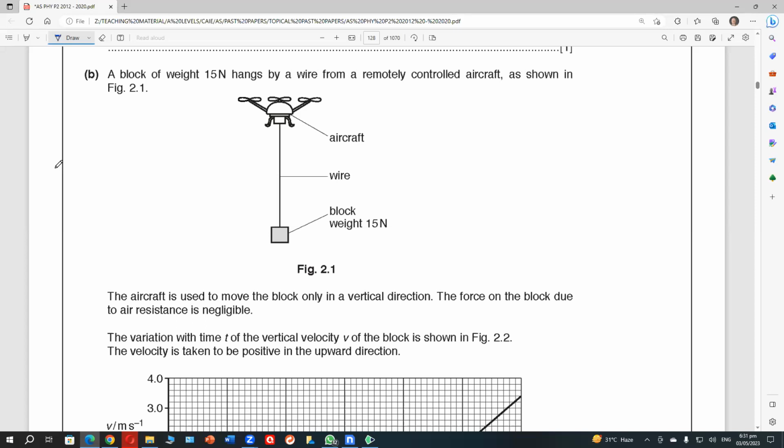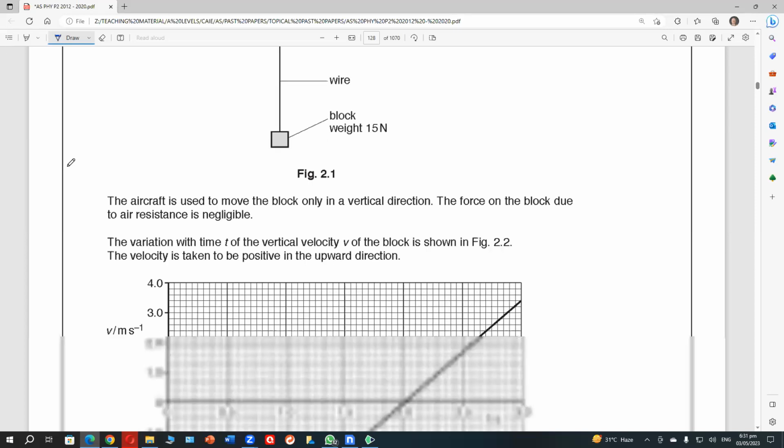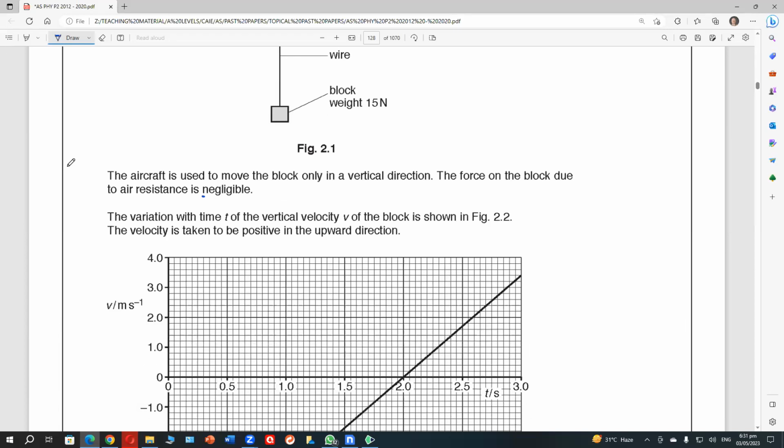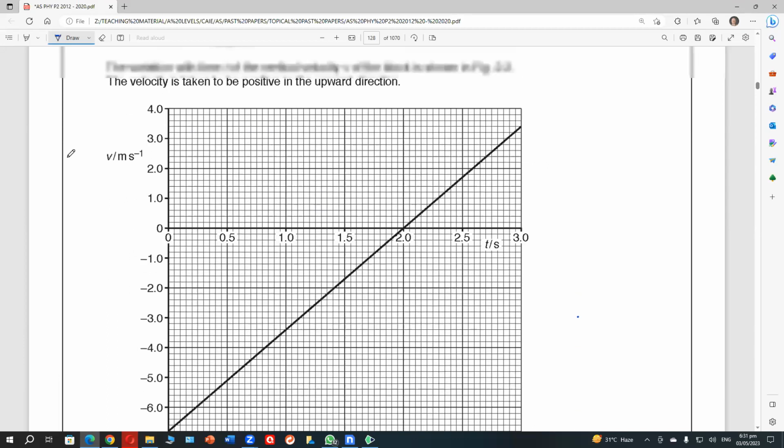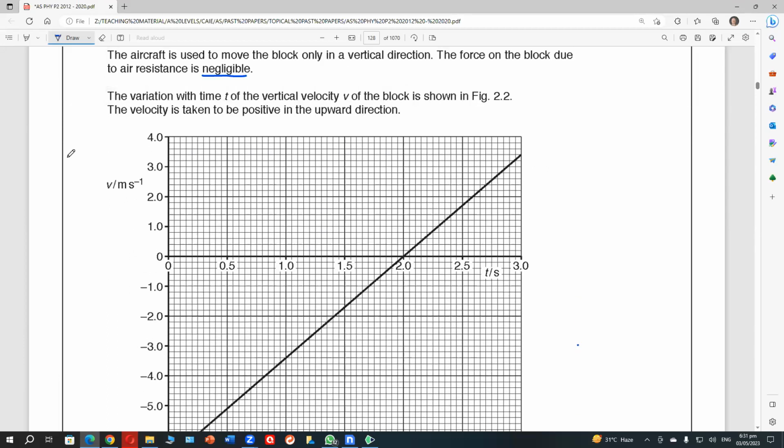So it means it can go up or it can go down. The force on the block due to air resistance is negligible. The variation with time of the vertical velocity of the block is shown. The velocity is taken to be positive in the upward direction.